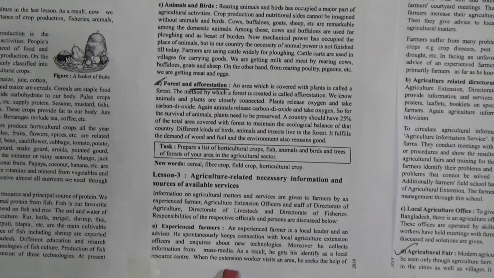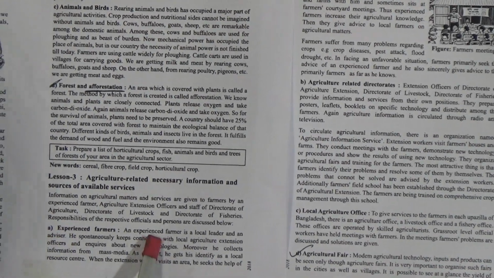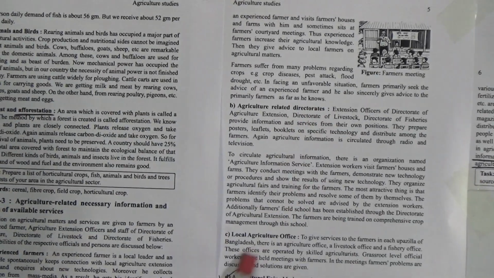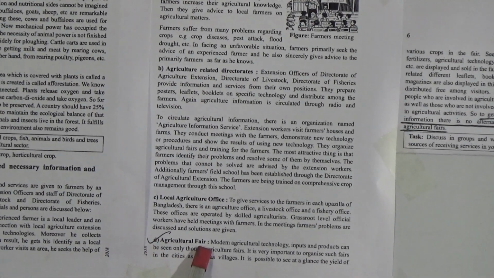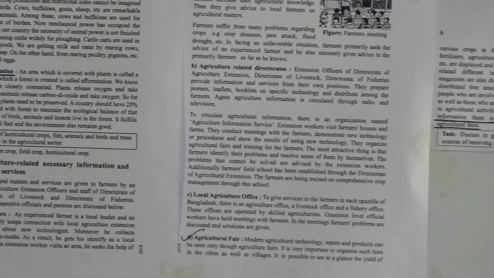Here there are several sources for getting agricultural informations properly. The first one is experienced farmers, then agriculture related directorates, then local agriculture office, and the last one is agricultural fair.